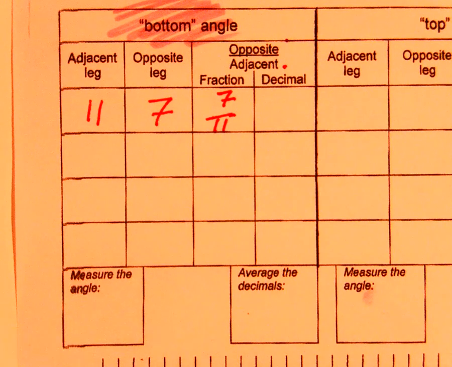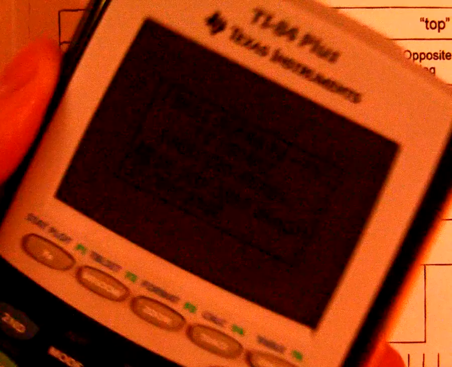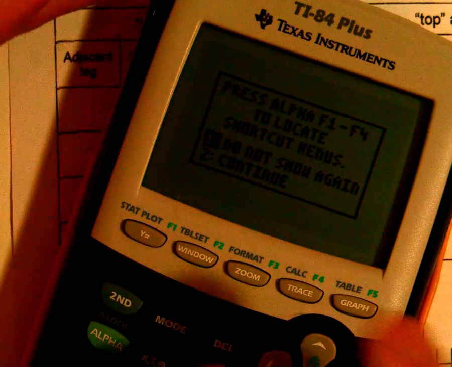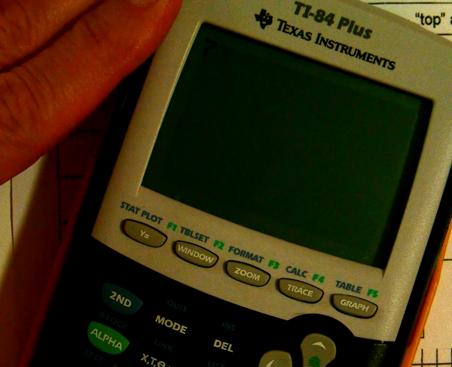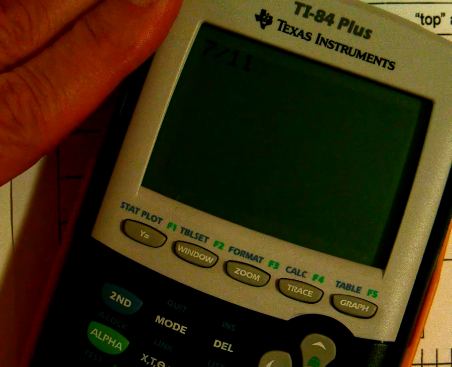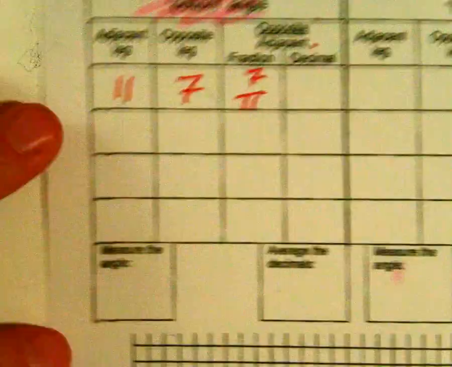Then we're going to make a decimal out of that with our handy dandy calculator, and we'll get 0.63636363.